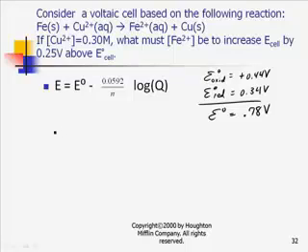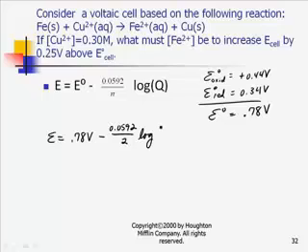Okay, so let's just do this generically first. E is 0.78 volts minus 0.0592 over, our n is going to be 2, log of, and our Q here is going to be Fe2+ over Cu2+. Products over reactants.